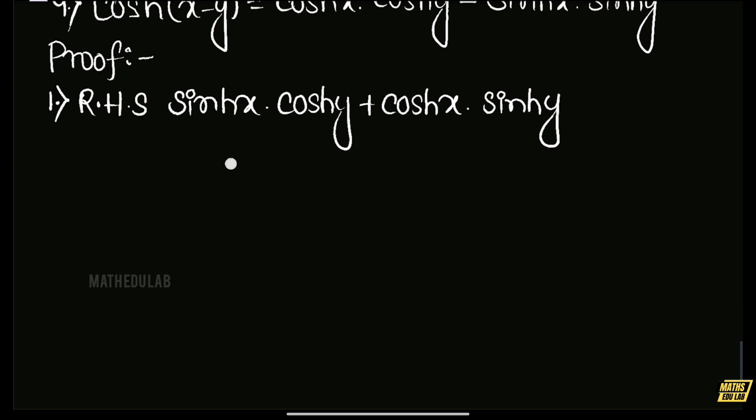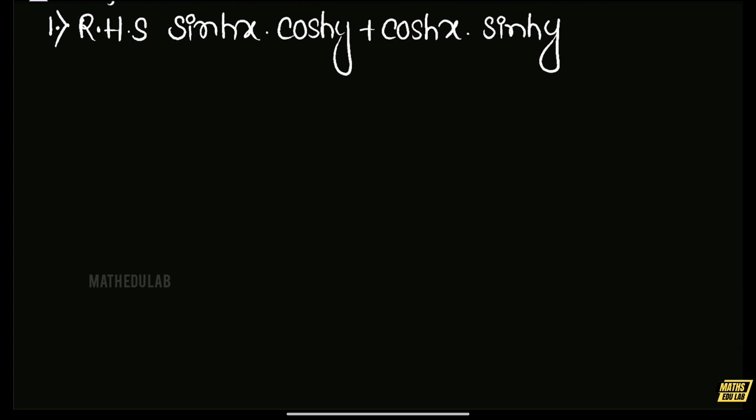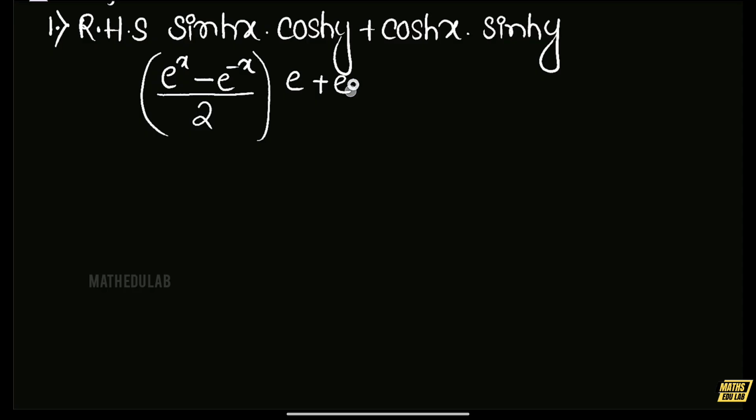As we know the formulas for sine and cos, the formula of sine hyperbolic x is e to the power of x minus e to the power of minus x by 2. And for cos hyperbolic we know e to the power of x plus e to the power of minus x by 2.